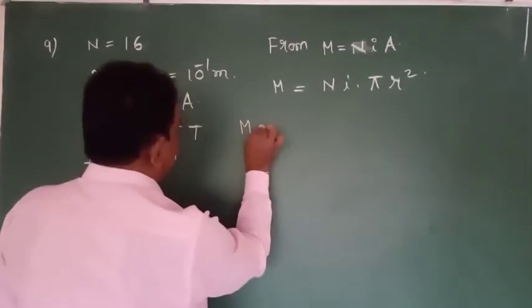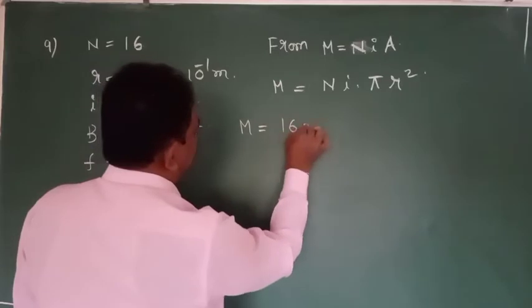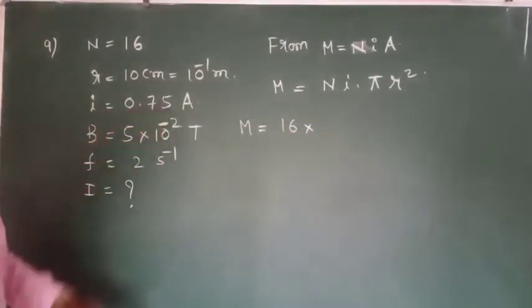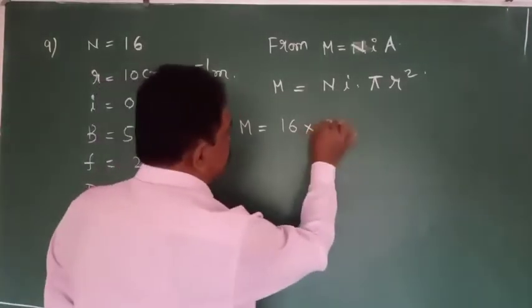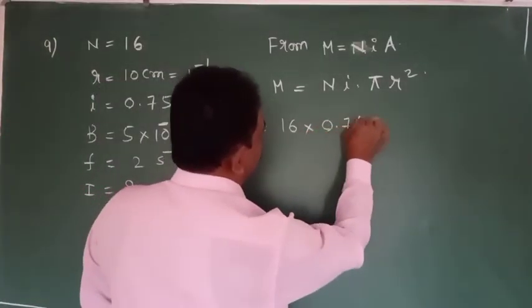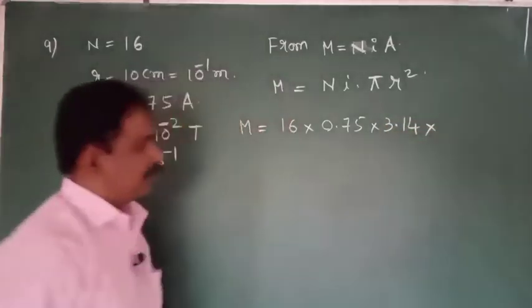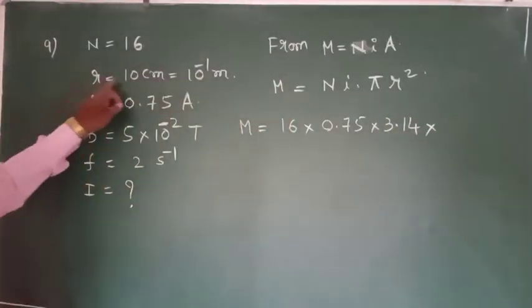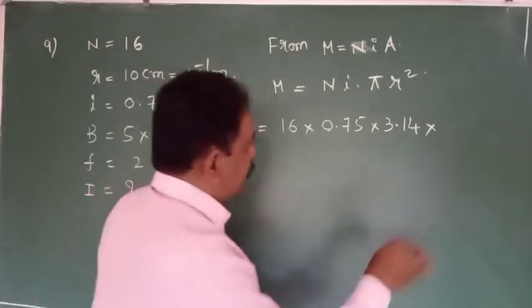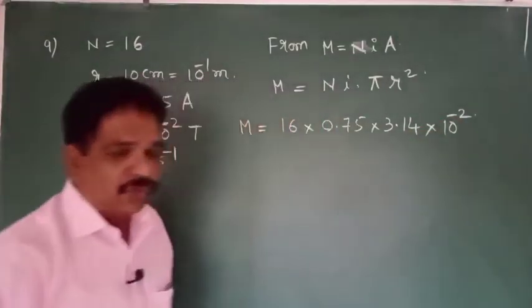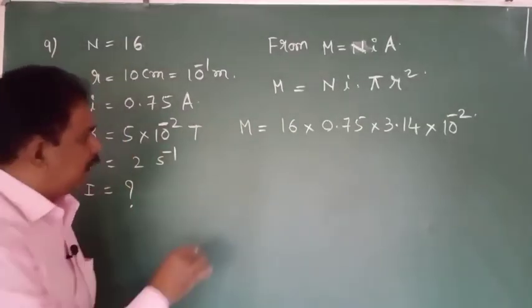Then M is equal to N value 16, I value will be 0.75, pi value 3.14, R value is 10 power minus 1. It becomes 10 power minus 2 because R square is there.